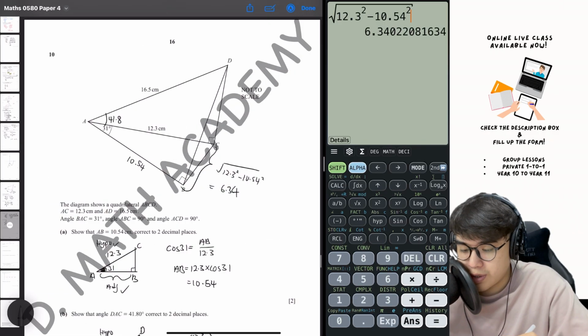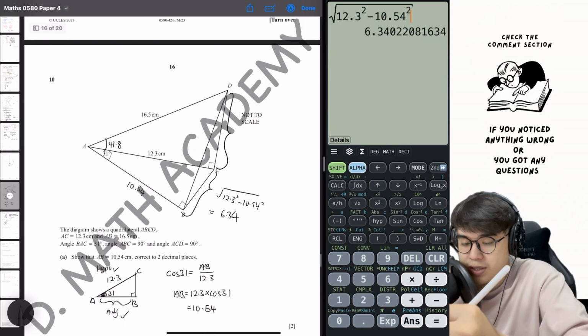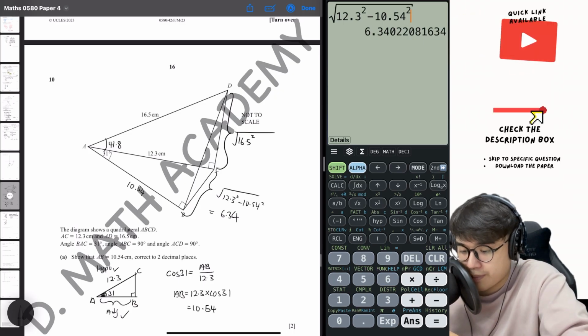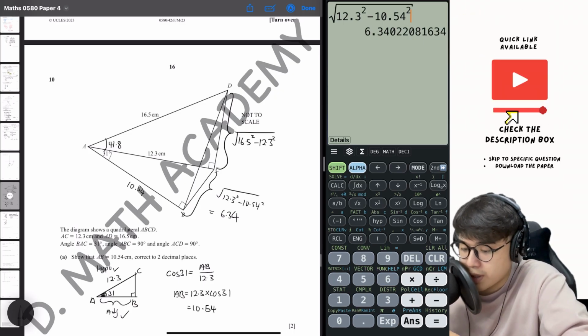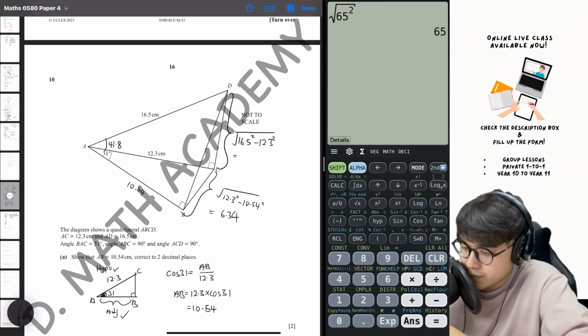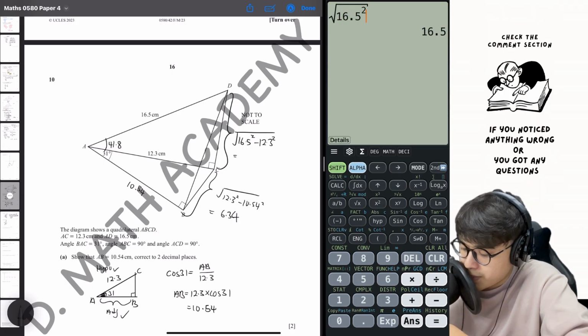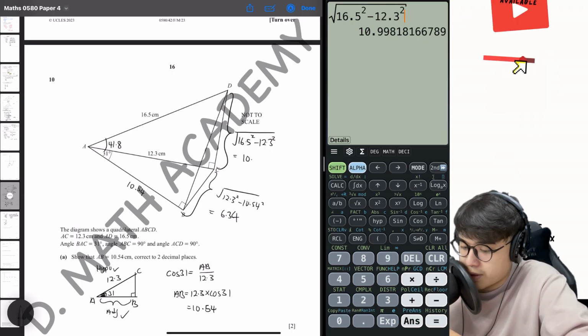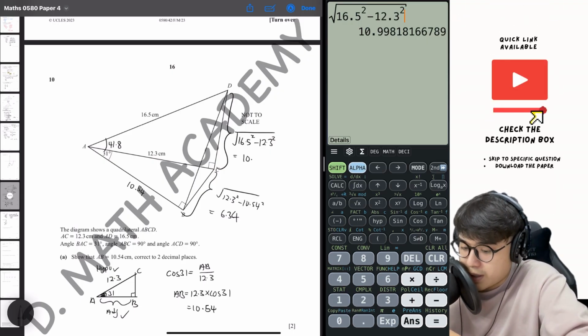You also need the DC value now. DC is found by 16.5 squared minus 12.3 squared. You will get 10.998.